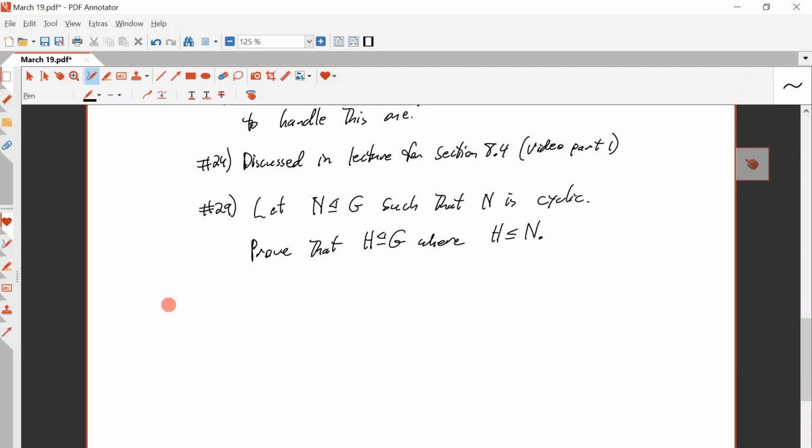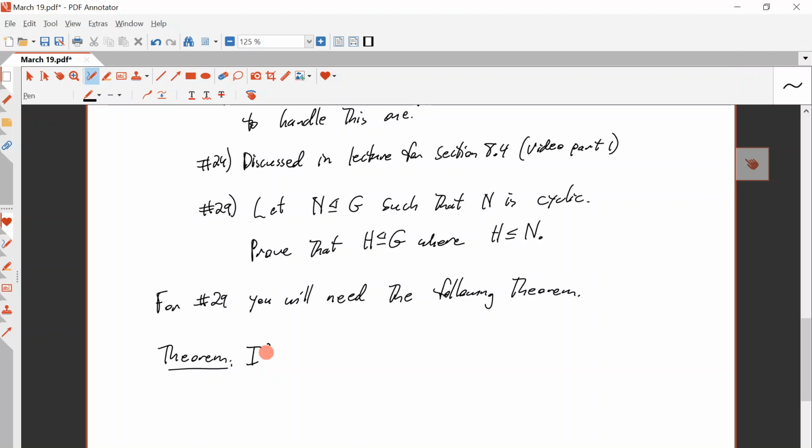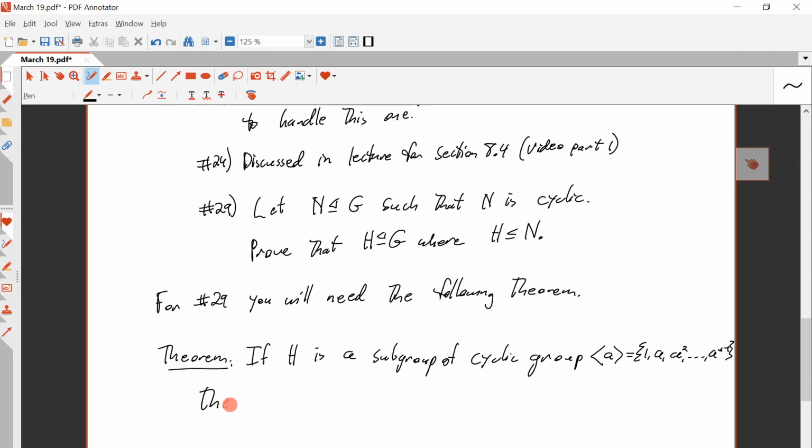Okay, for number 29 you'll need the following facts. If H is a subgroup of a cyclic group, so we'll call it A, then H is also cyclic.